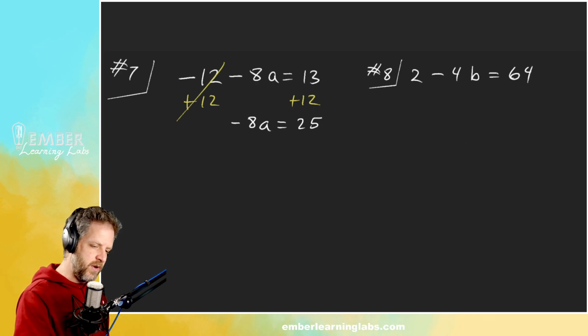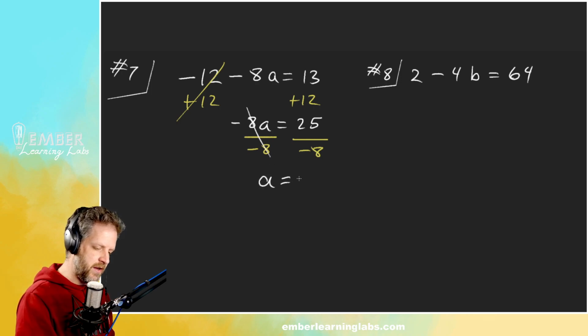And then we would have divided by negative 8, which would have given us negative 3 1/8.